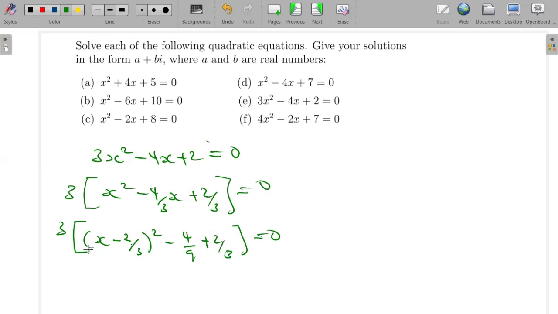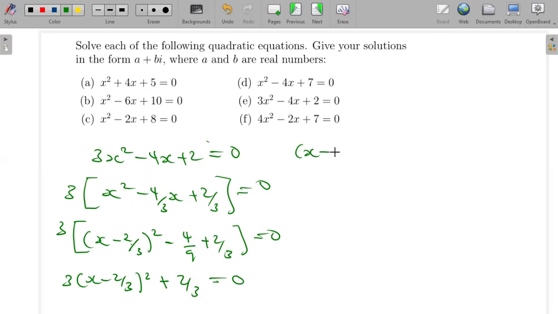So I multiply this by the 3 I factored out, I get 3 times (x minus 2 over 3) squared, multiplied by the 2 over 9 that I get. So multiplied by 3 there, I just get positive 2 over 3 here, which is going to be equal to 0. Then I can take that to the other side.